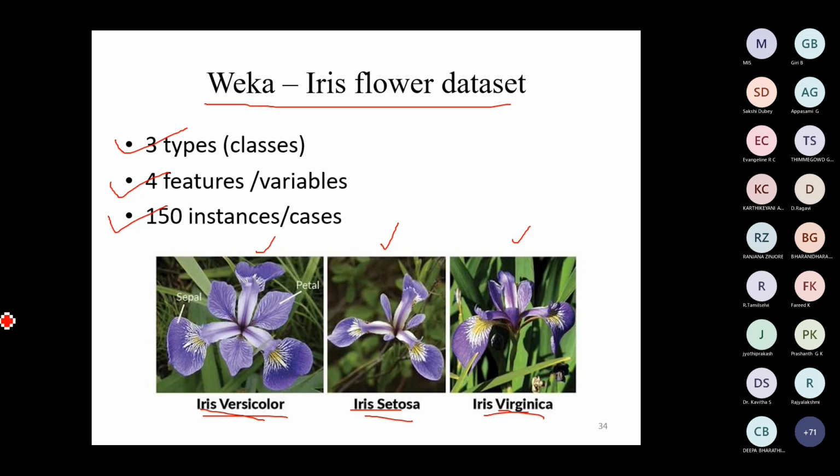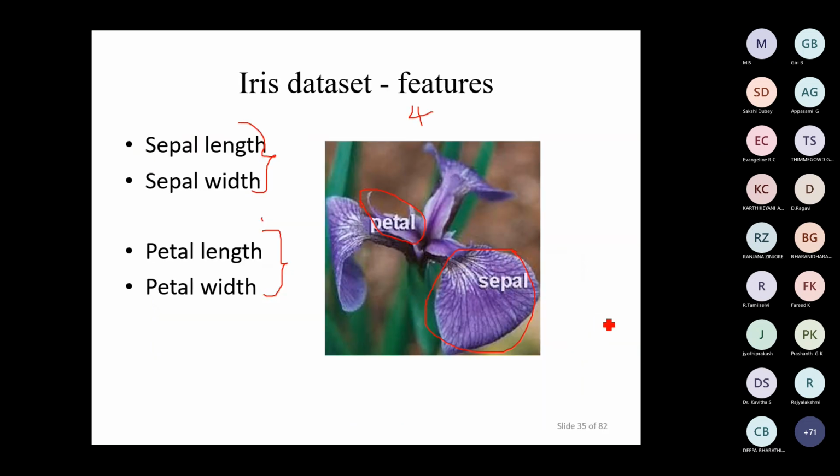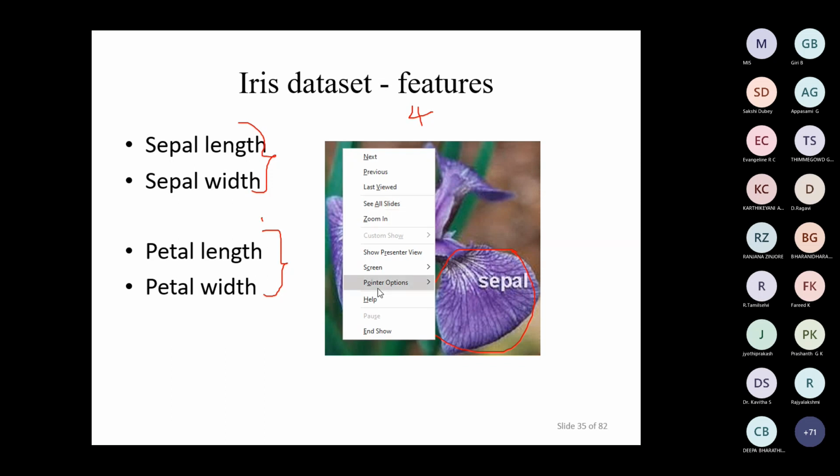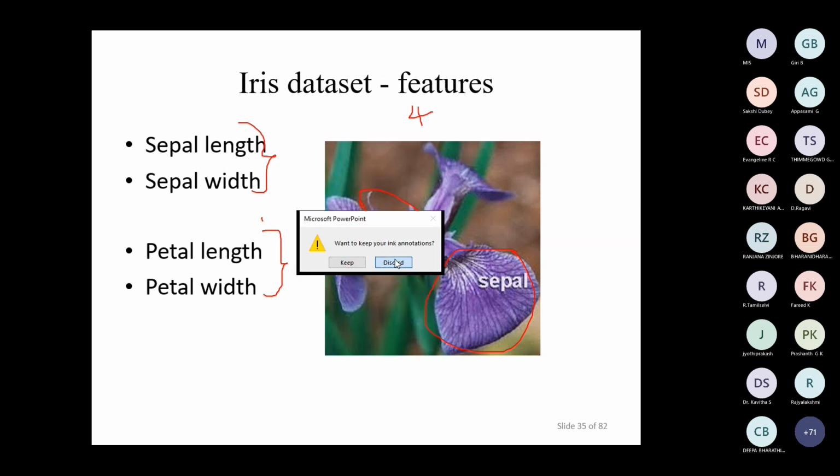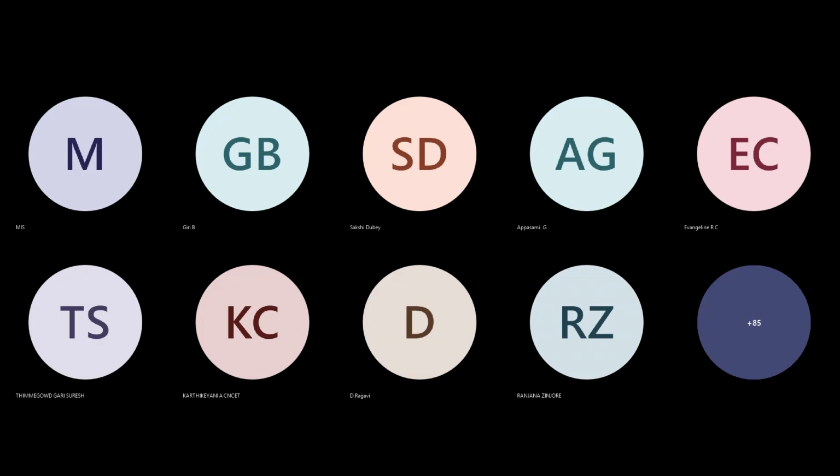Here we have three classes: Iris versicolor, Iris setosa, and Iris virginica. For each sample, we have four features: sepal length, sepal width, petal length, and petal width. So let us see the demonstration. I'll stop my presentation and share my entire screen.